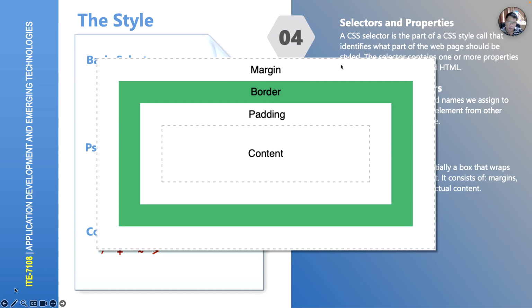For example, if this is the whole document, the margin is the distance between the border and the top level of the HTML or the bottom level of the HTML. We shall make all these concepts clearer when we get to the demo in the next section.